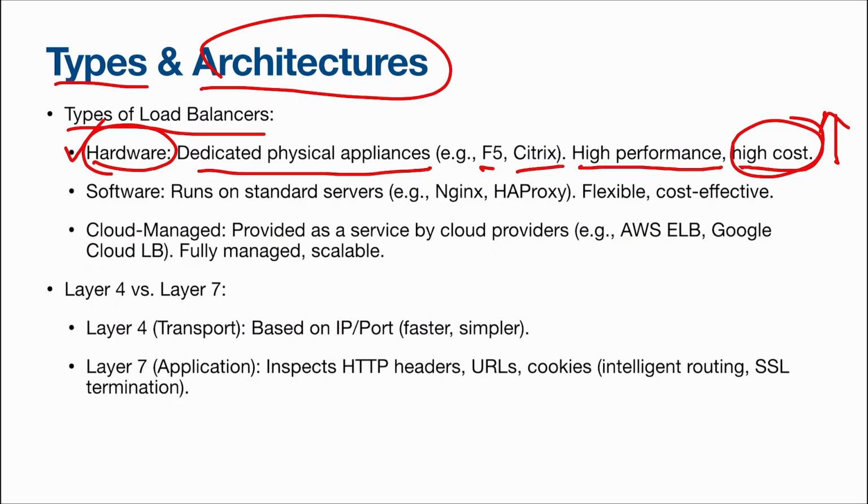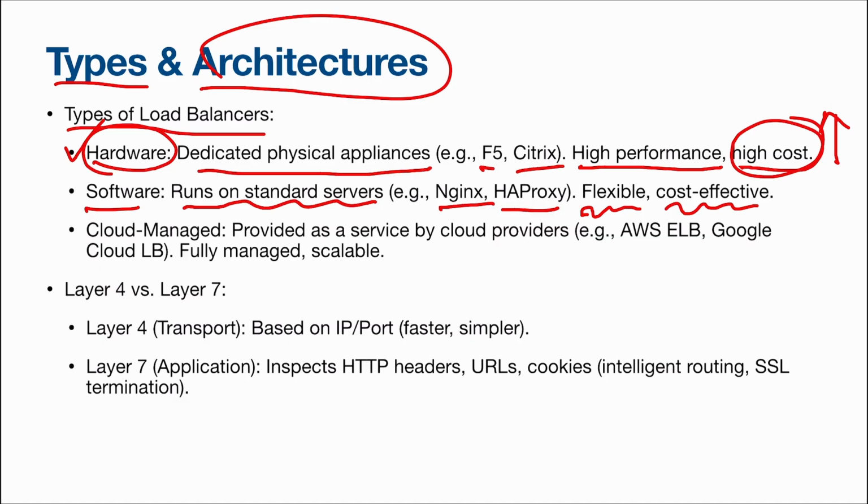Then we have software load balancers, and they run on standard servers. For example, Nginx, which is a web server, but it can also be used as a load balancer or reverse proxy, and HAProxy. These are flexible and cost effective. As you can imagine, we don't need to buy or rent hardware, and running software is generally less expensive.